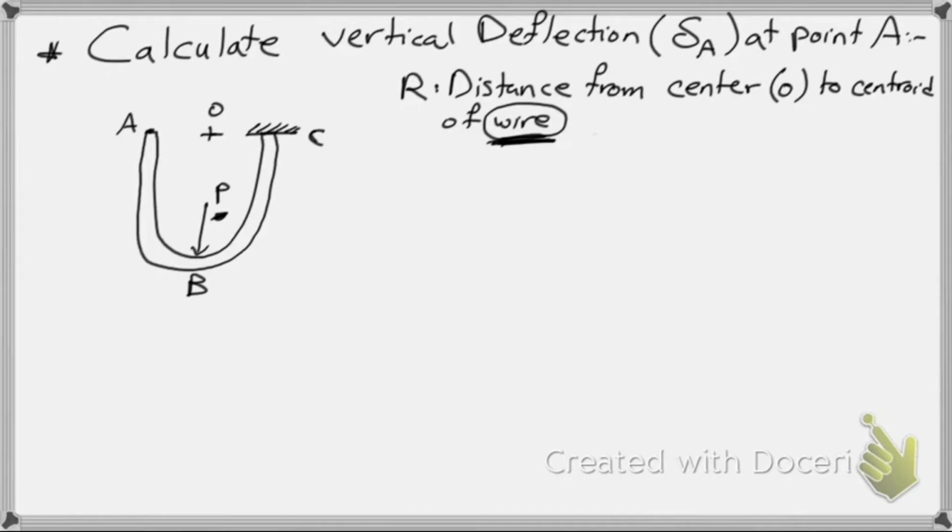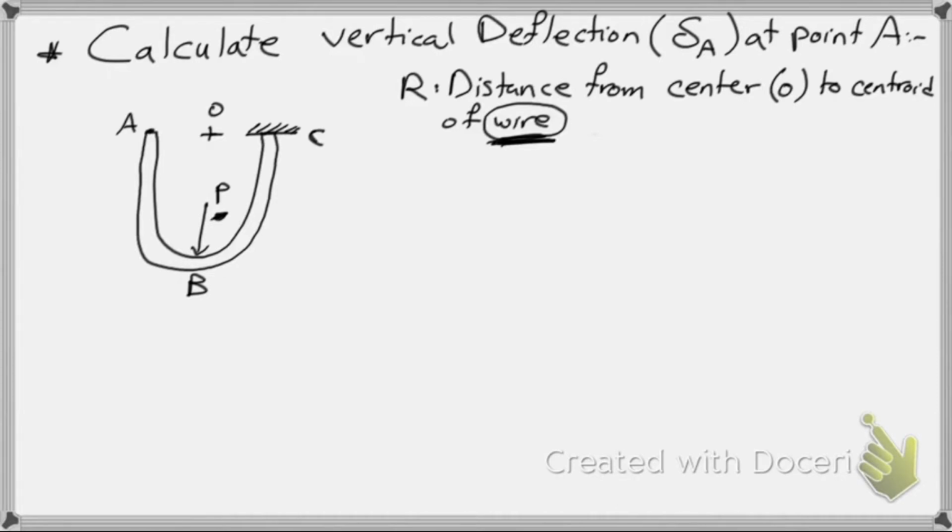And first thing we have to notice is that this is actually a wire, so we can neglect the deflection from the normal and tangential forces at our section cut, and we can neglect the eccentricity basically.